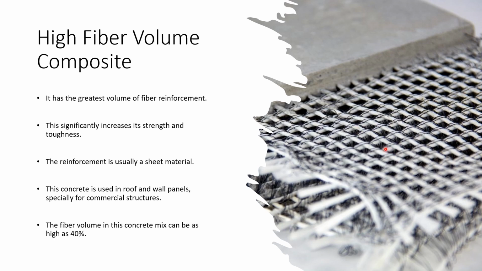The reinforcements are usually a sheet material like this, and the concrete is used in roof and wall panels. We don't want these to fall out, so we definitely need to increase the strength so that the concrete is going to stay up with this reinforced material. The fiber volume here is about 40%, so that's pretty high.